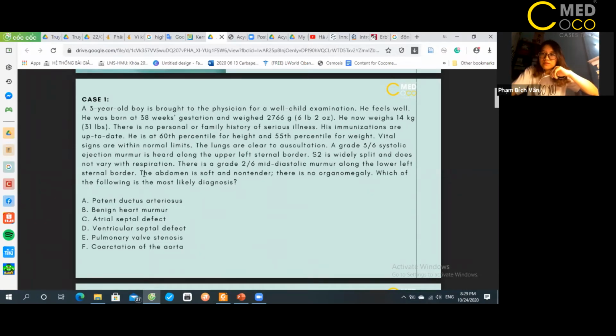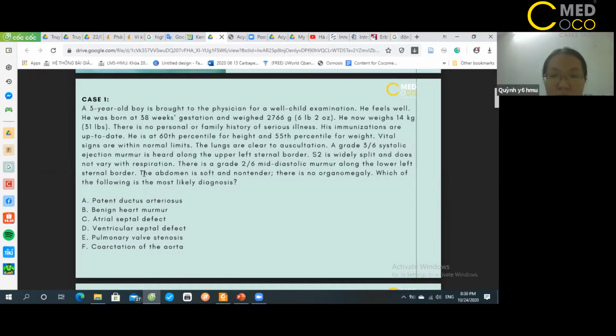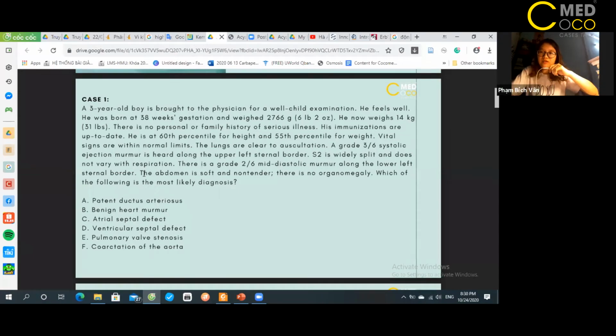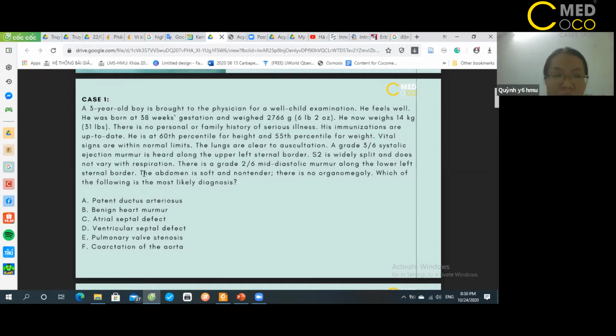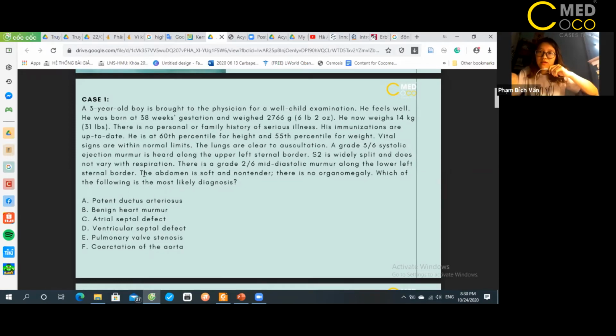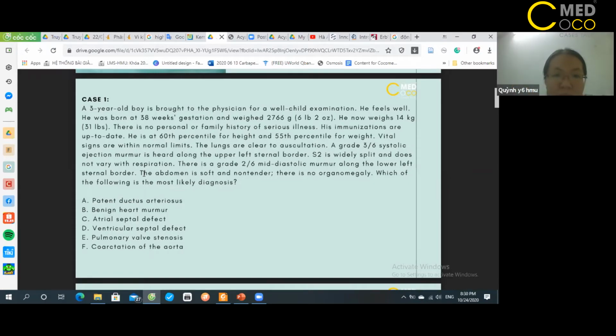And except for the normal findings, the heart sound shows something wrong: the murmur in both systolic and diastolic, and the split of the S2.